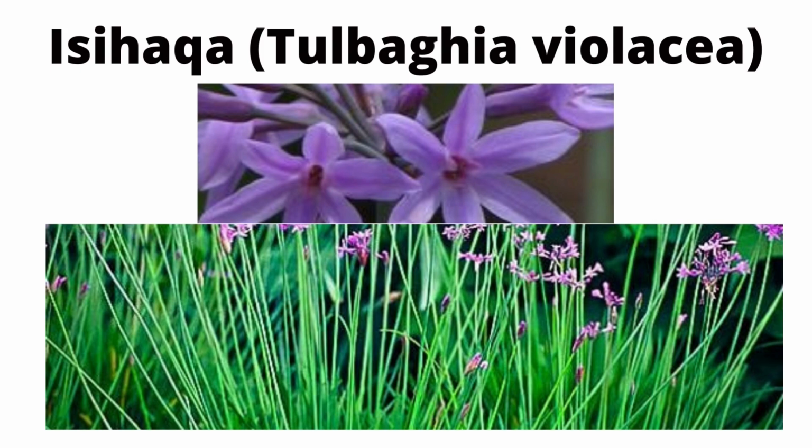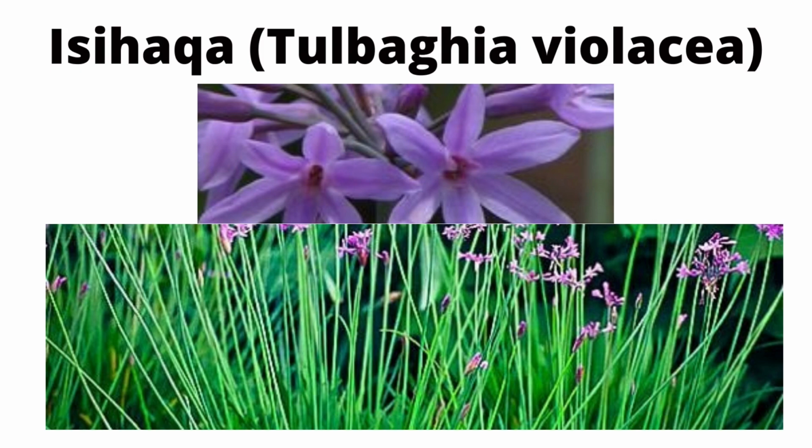Now that I know there are two different types, I've never used the one in South Africa. I bought the one in Harare because somebody recommended it to me, and that was the one I was describing in the video. But my friend had never bought that one. He only knows the one sold in Joburg. So when he listened to my description, he was like, "No, that is not Isihaqa. I've bought Isihaqa a couple of times, and that's not what you're describing." So that is the disclaimer.